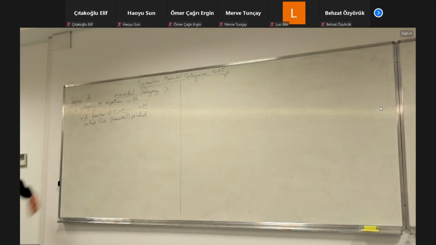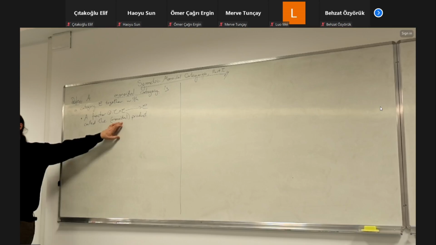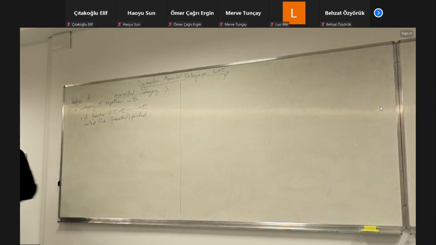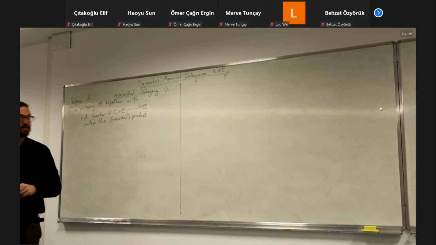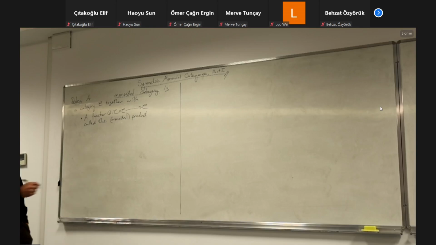Now, some references will also just call this the tensor product. I find that confusing because the tensor product of vector spaces or finite Hilbert spaces is a special case of a monoidal product.